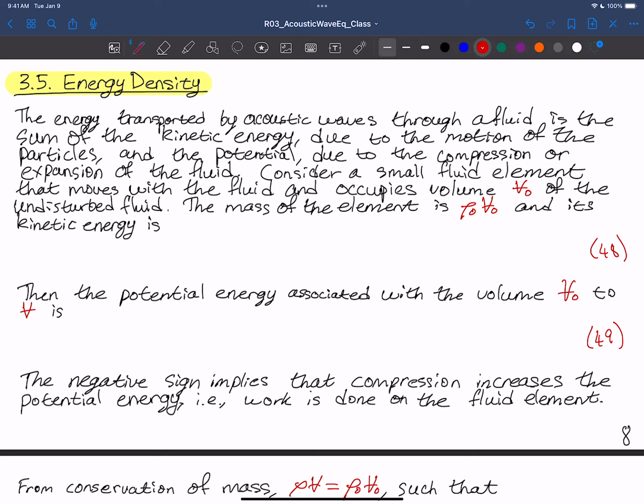To this end, we're going to consider a small fluid element that is moving with the fluid, and we're going to assume that it occupies a volume V0 of that undisturbed fluid.